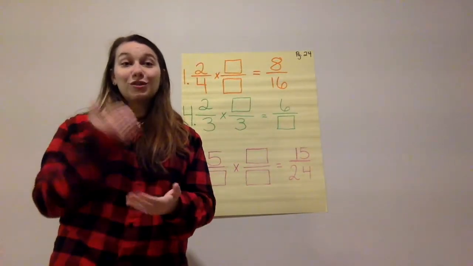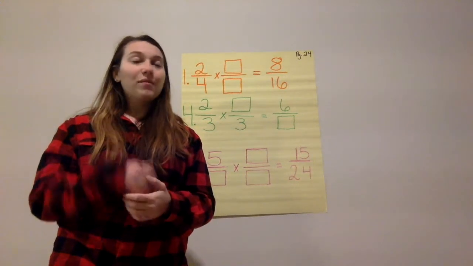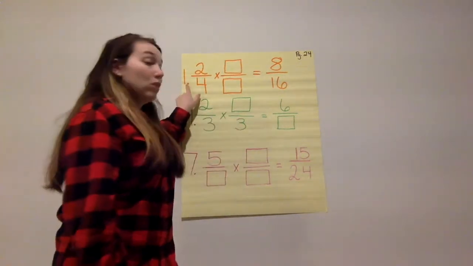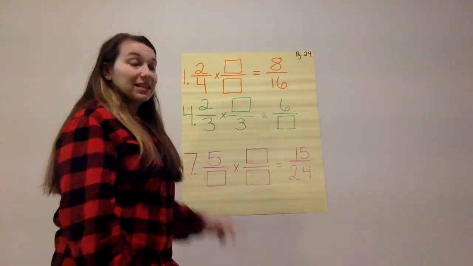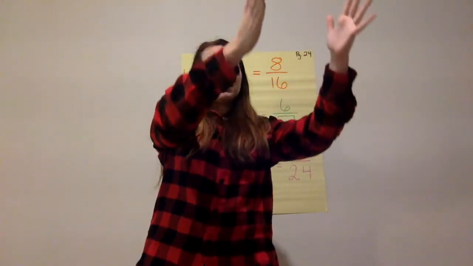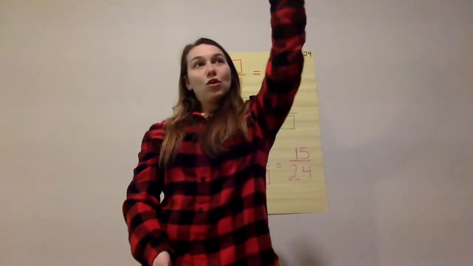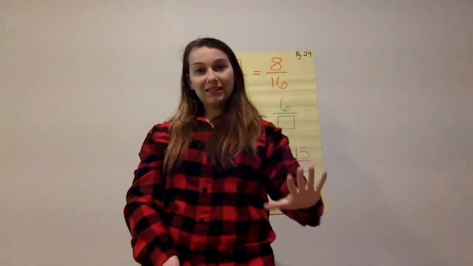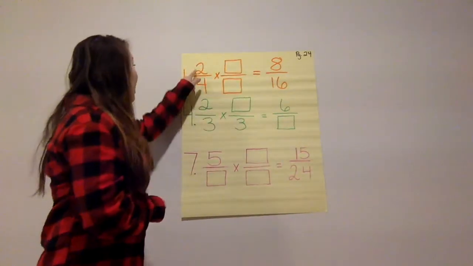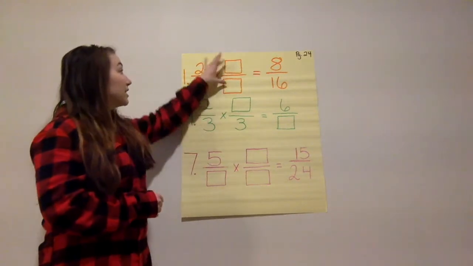It should run through pretty quickly. We're going to be doing problems 1, 4, and 7. So on your worksheet, it's going to be the 3 problems down the left side. So 1, 4, 7.